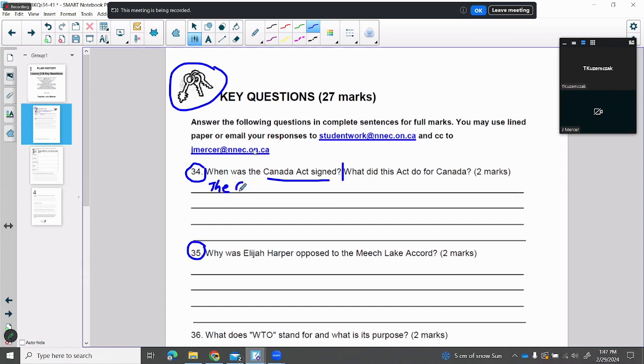Okay, so the Canada Act was signed. Tell me when that was. And then what did this act do for Canada? What did this mean? It was significant for Canada. So why was it significant?